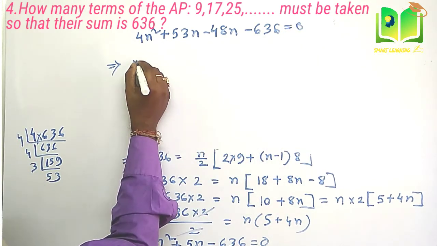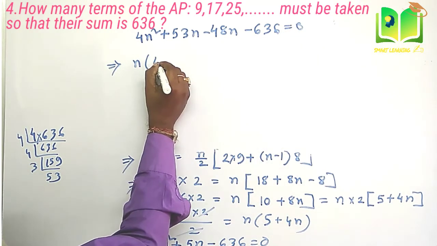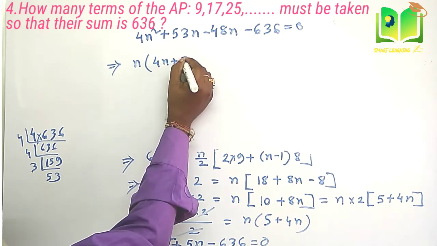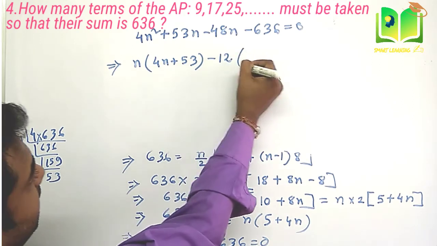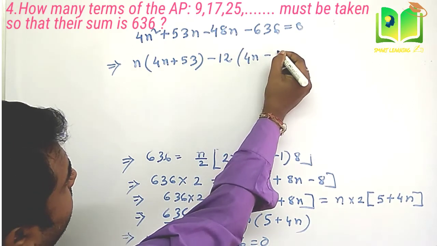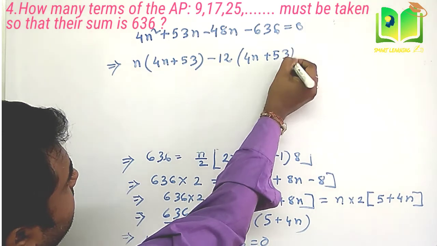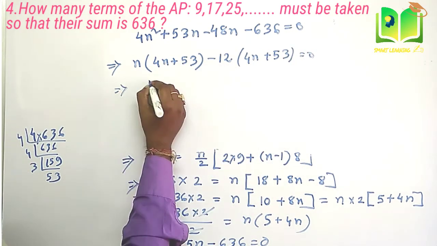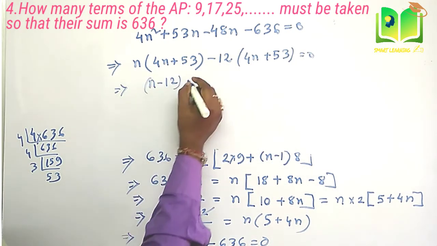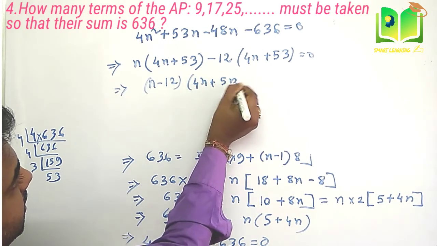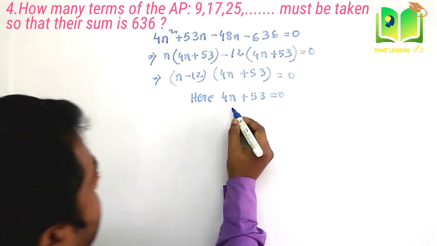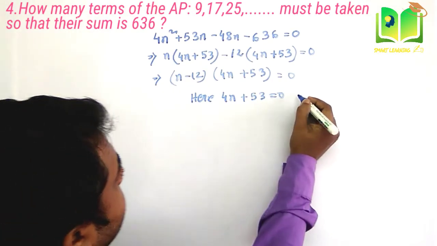So this implies if you take common n, it will be 4n plus 53, and if you take common 12, it will be 4n plus 53. So this implies (n minus 12) and (4n plus 53) equals 0.